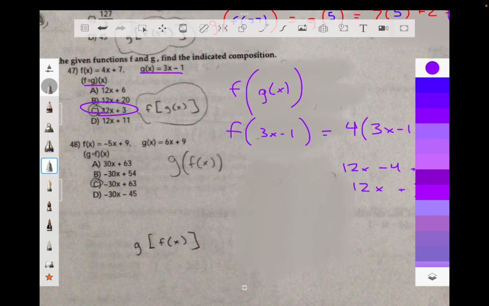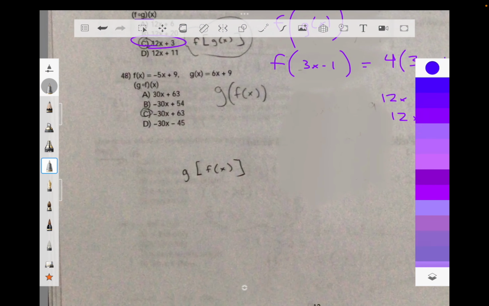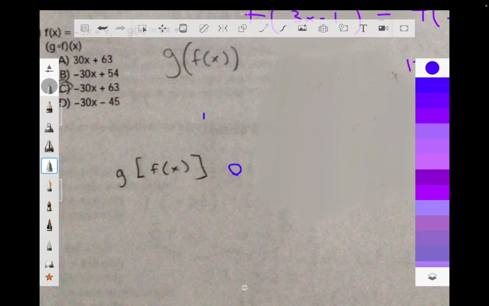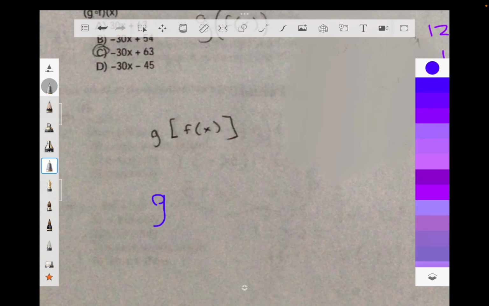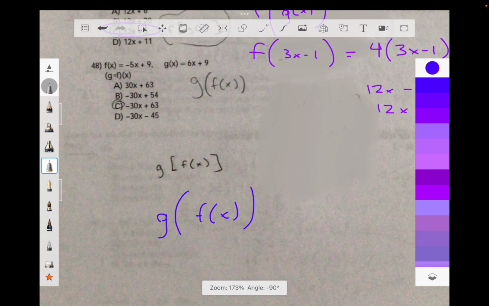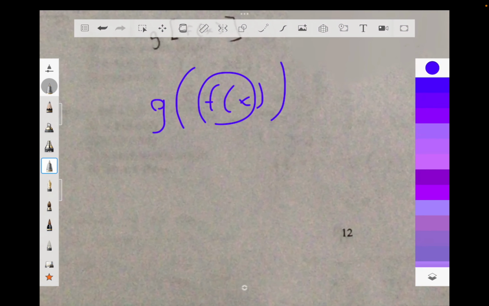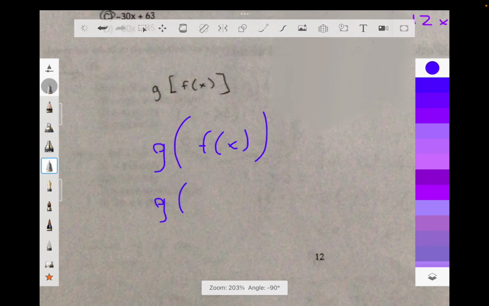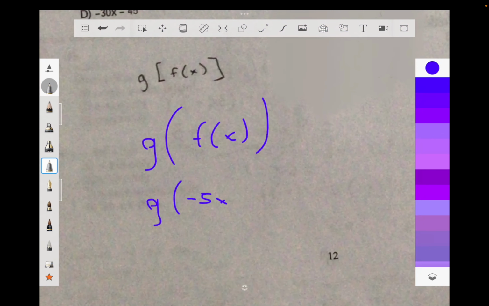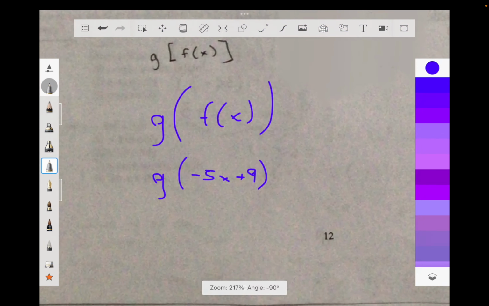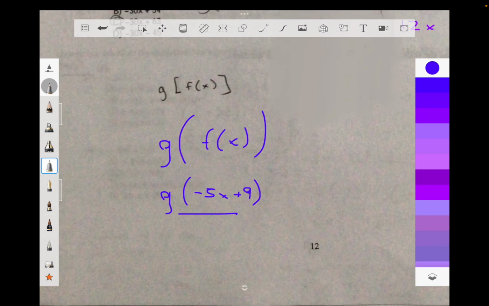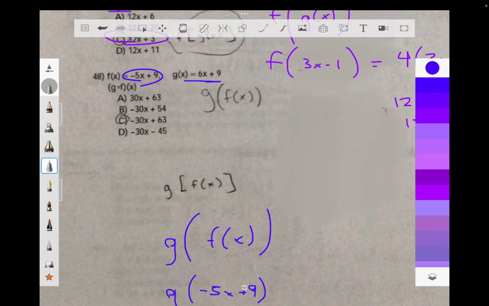And then same thing again, but now g is the bigger one. And you wrote it right here too. You can see that one. It's going to be g of f of x. F of x here is negative 5x plus 9. So you can replace this f of x with that. So it's going to be g of negative 5x plus 9. And now this is saying replace the x in this one with negative 5x plus 9.